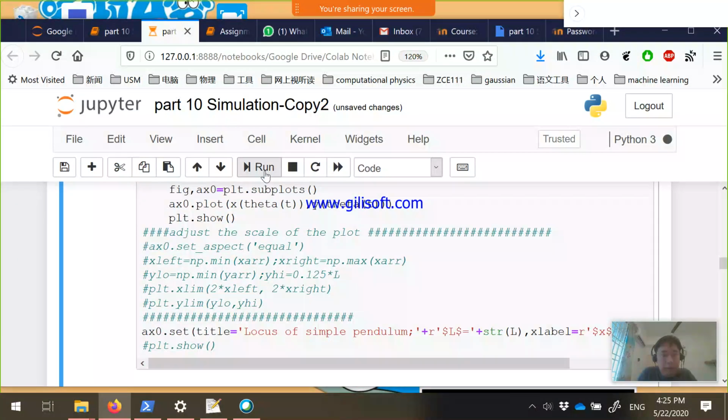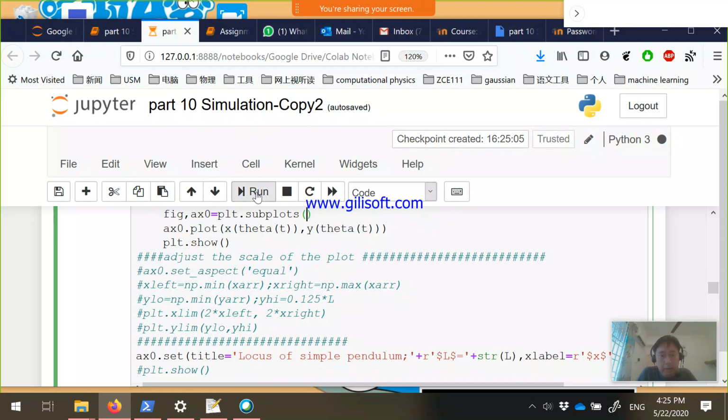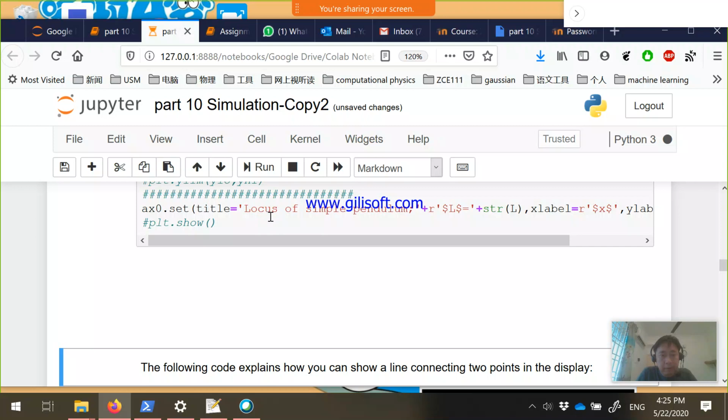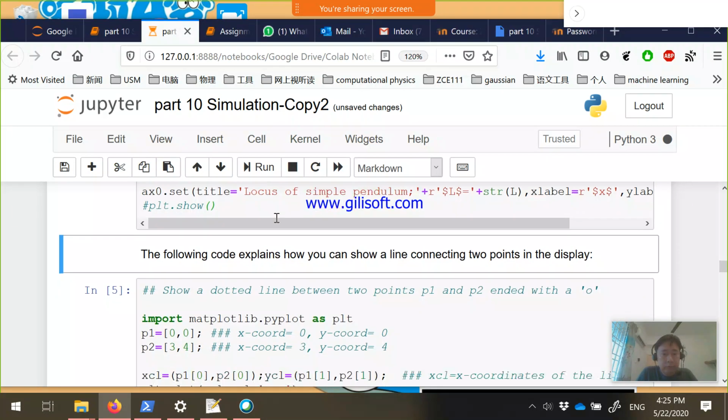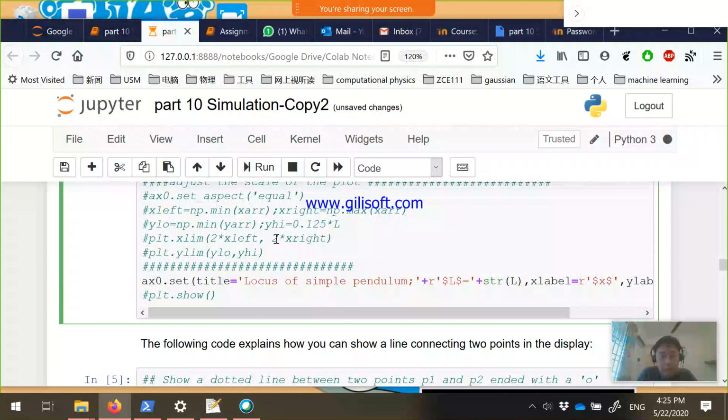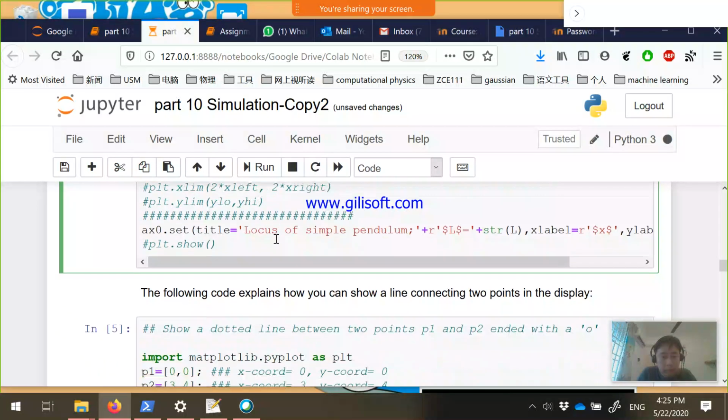Then run over again. Stop this. Interrupt the kernel, and then run over again. Okay, it's connected. Is it right? Yeah, it's running, so it has run, and then I want to show the simulations. It takes some time for the simulation to be shown.